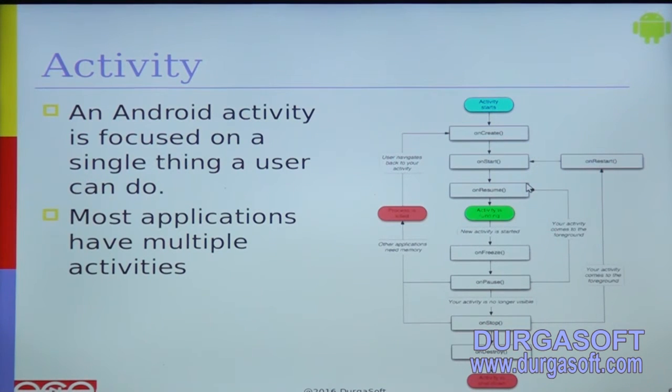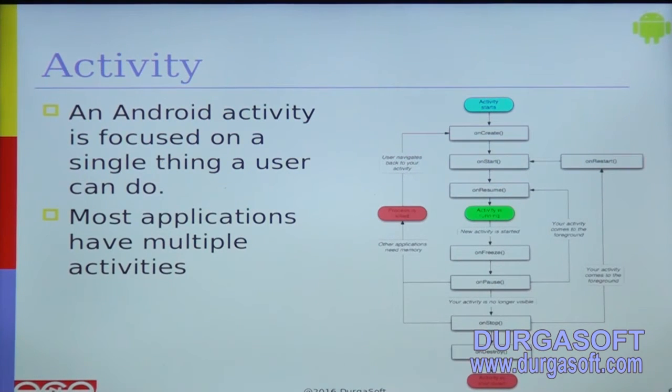And then onPause is something where the activity has got completely stuck or has not been used for a long time, so it goes into a pause state. Pause state is where the activity is no longer active, or the activity may be partly seen, or whenever the lock screen has been closed, or when your phone is locked on a particular activity, even then that activity goes into the onPause state.